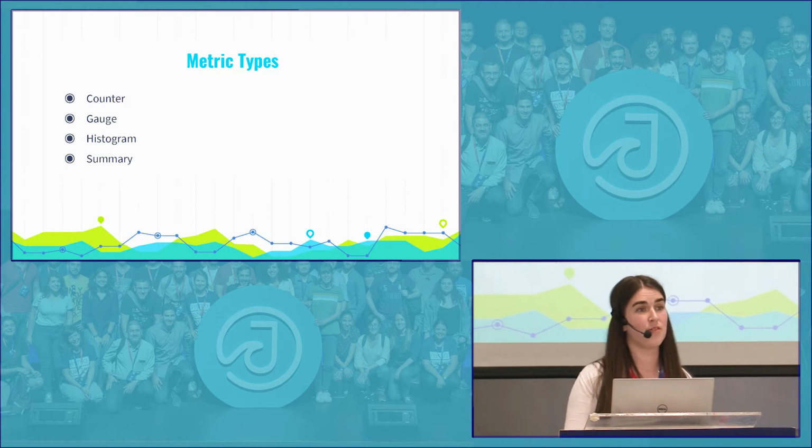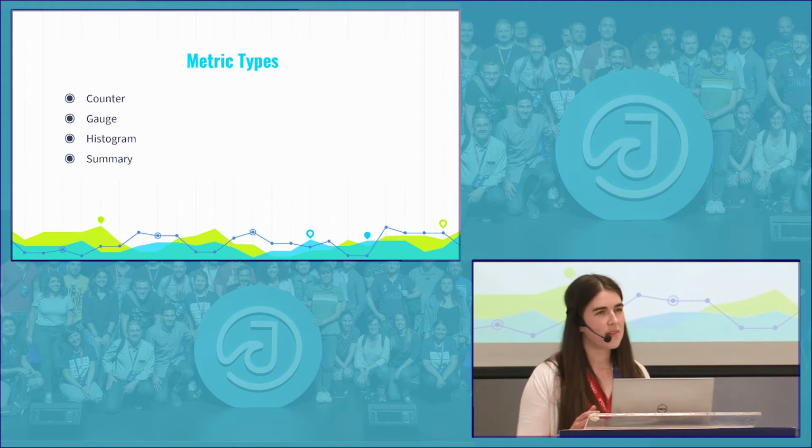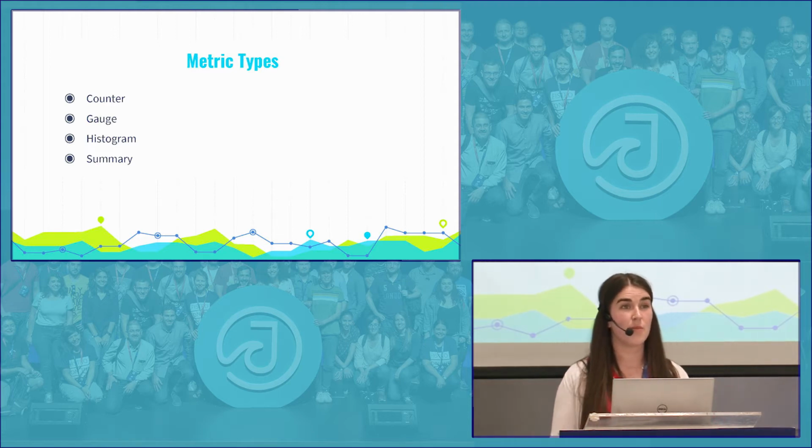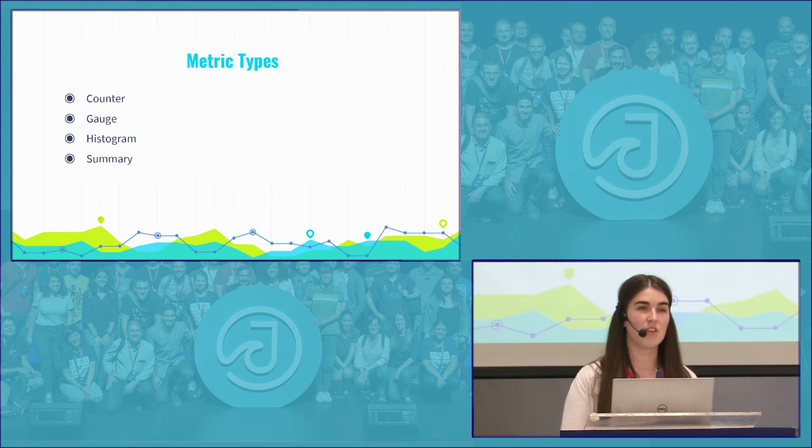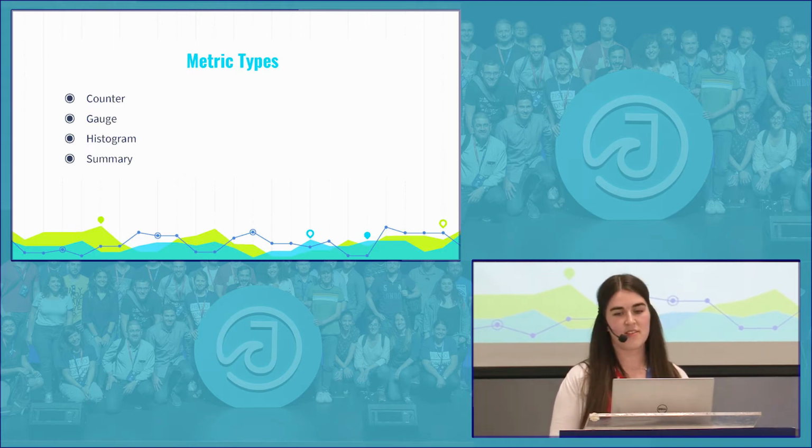So perhaps you might use this for particular system metrics, such as memory usage. Then the final 2 metric types are more complex, as these are histograms and summaries. These metric types both sample observations and are commonly used for things like request duration or response sizes.